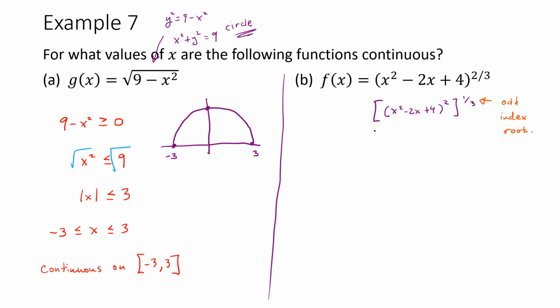So there's no restrictions on anything here. And in fact, even if this were an even root, I think you would still have a positive value in here. But anyway, because it's an odd index root here, you can take the 1 over 3 power of any real number, whether it be positive or negative, right? It's like the cube root. So this one's continuous for all x.